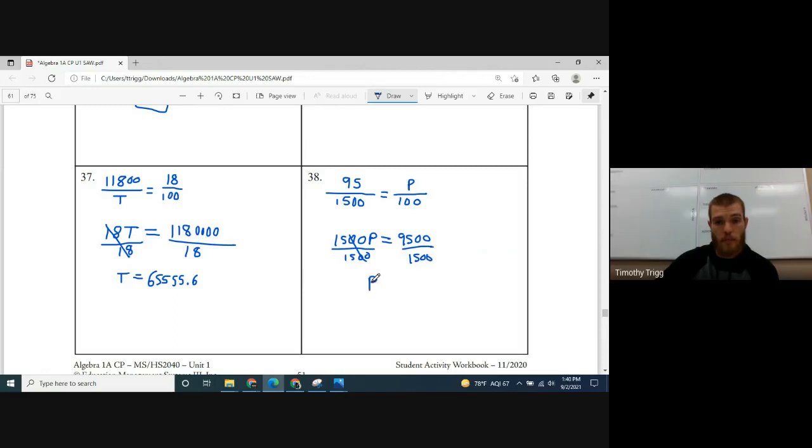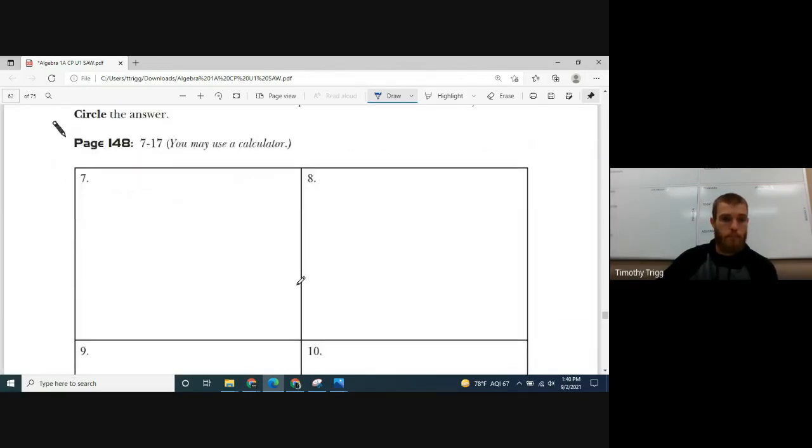That gives you that P equals 6.33. So that's C here in our problem. So 6.33 is the percentage. Okay, which is C. 148.